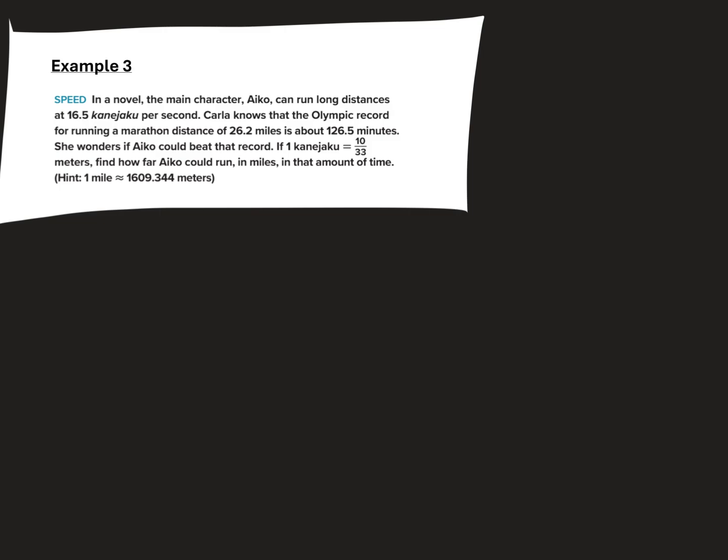Okay, so we are going to convert from the unit of measure 16.5. I think I'm going to put a K. 16.5 K per 1 second. Then I'm going to convert. I know that 10 over 33 meters is one of those units.